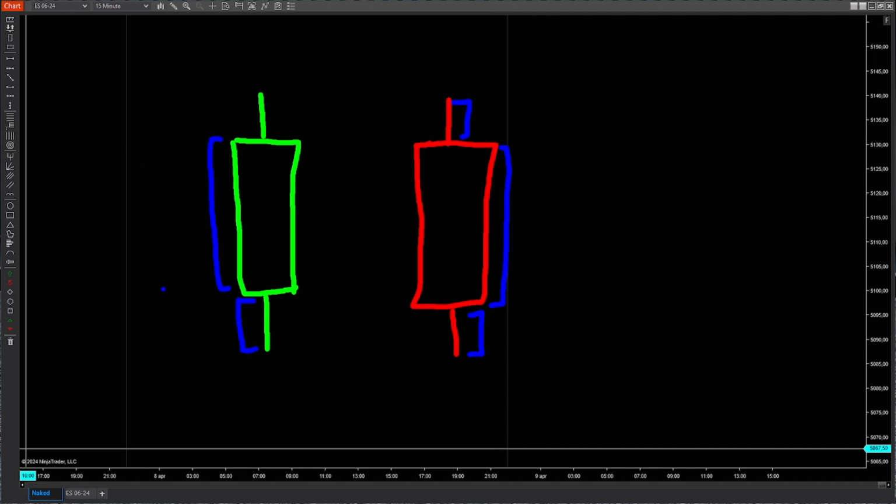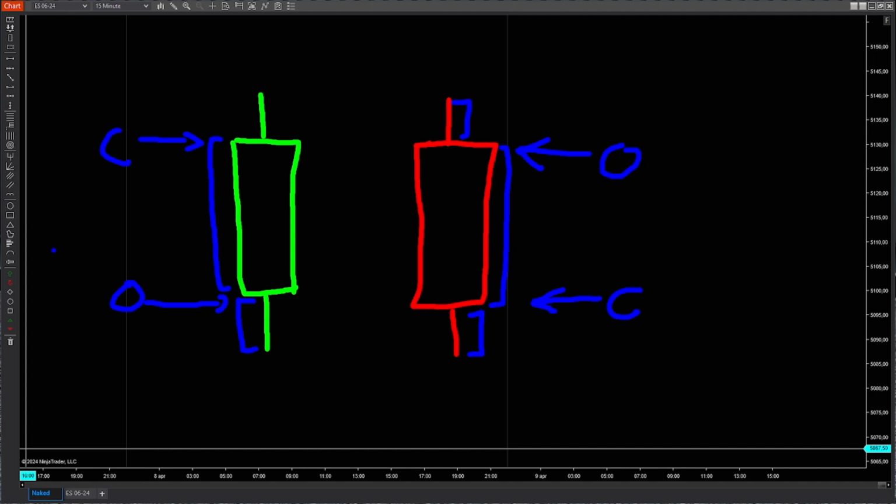Now, a bullish candlestick, which signifies buying strength, will have its open here and its close above. So this is the close, this is the open.